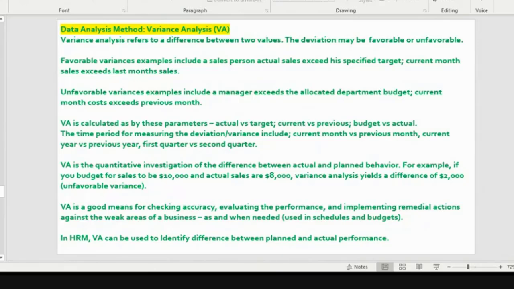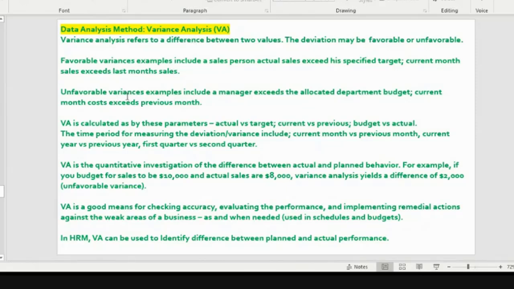So his target was maybe to sell 10,000, but he sold 20,000. That is a favorable variance. It could also be current month sales exceeding last month's sales, right? So that's a good thing, when we make more money, more sales than what we projected. That is a variance, but that's a favorable variance.